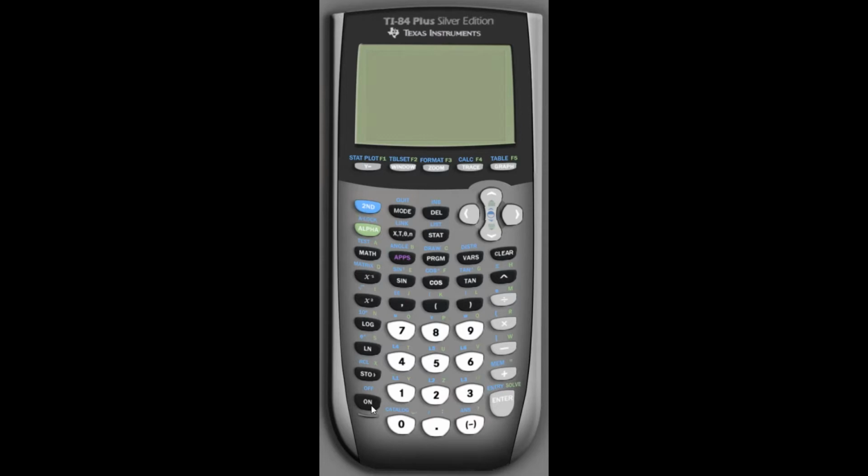Let's calculate this expression here for position at time t.